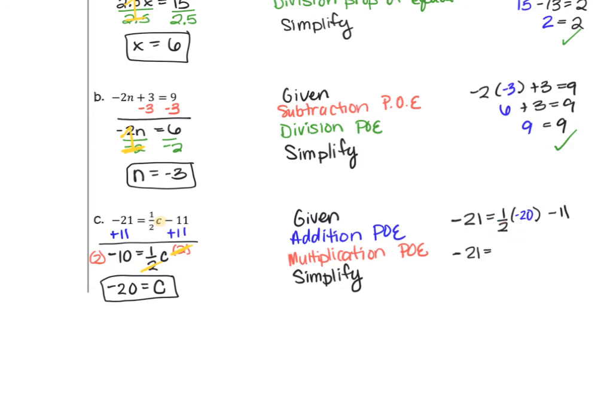So half of negative 20, that's just negative 10 minus negative 11. And then negative 10 minus negative 11 is like doing negative 10 plus 11, which is in fact negative 21. Wait, so we have negative 21 is equal to negative 21. So my answer checks out.